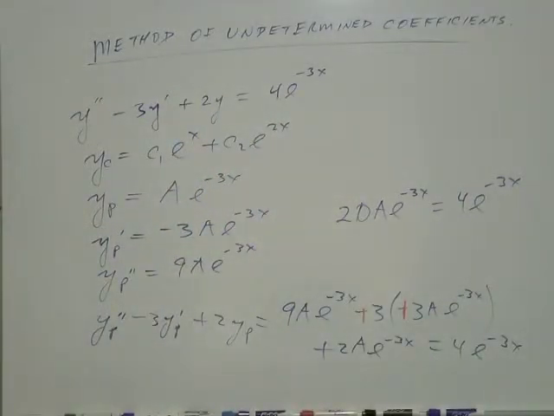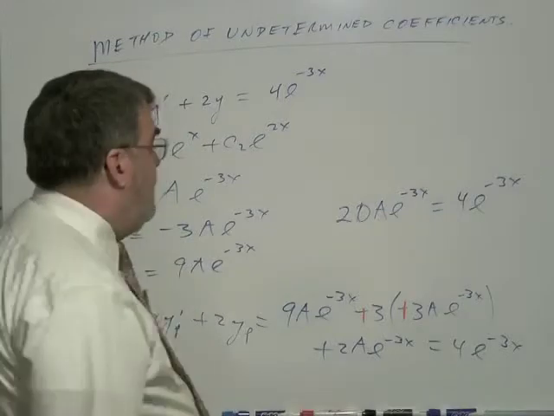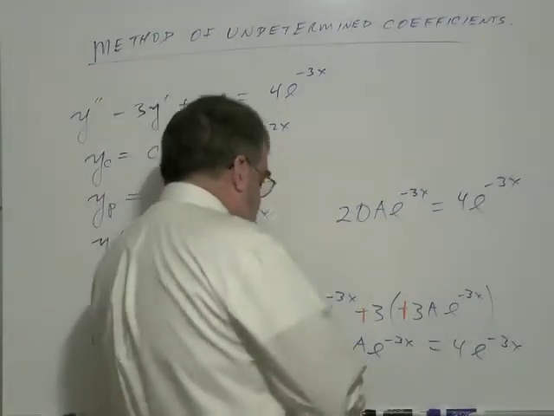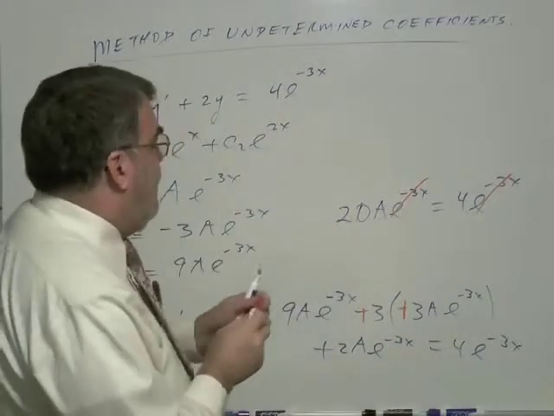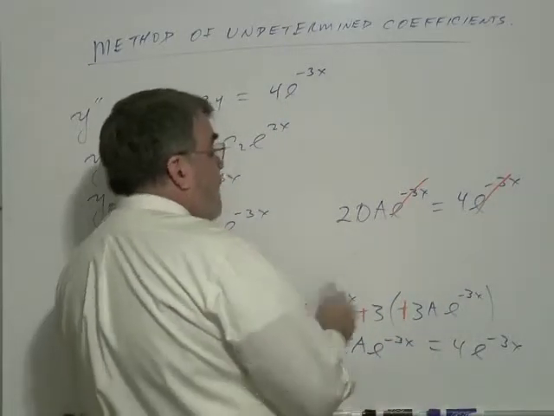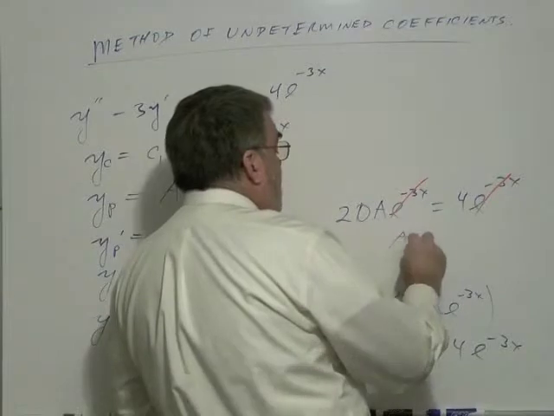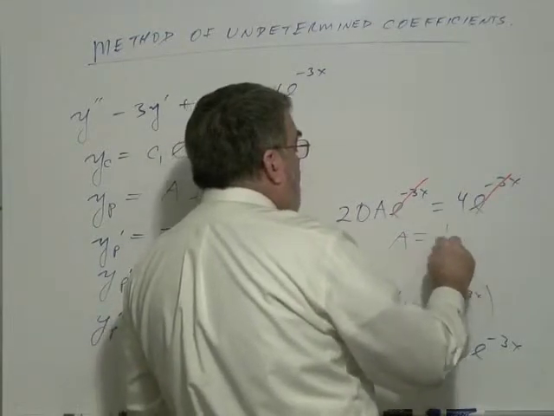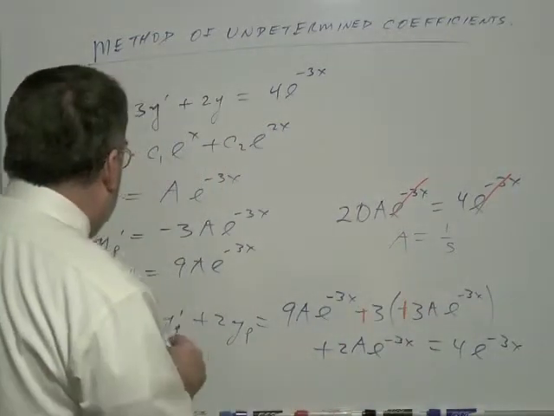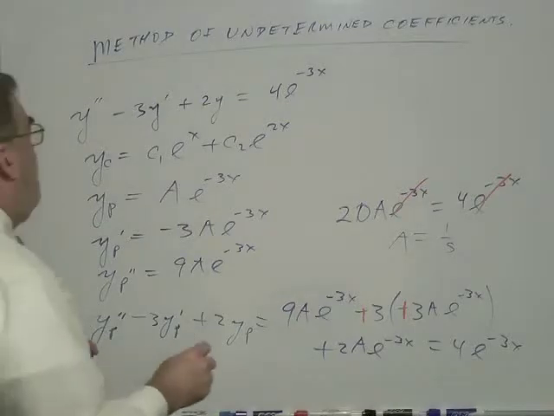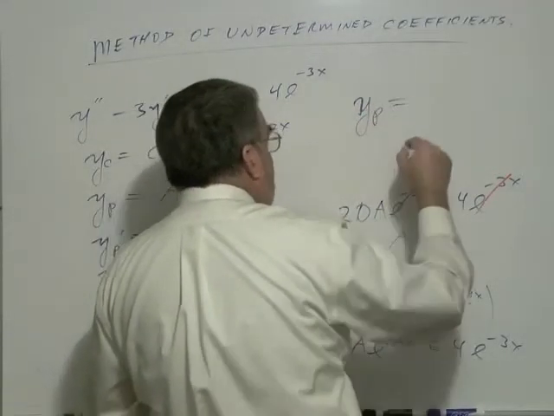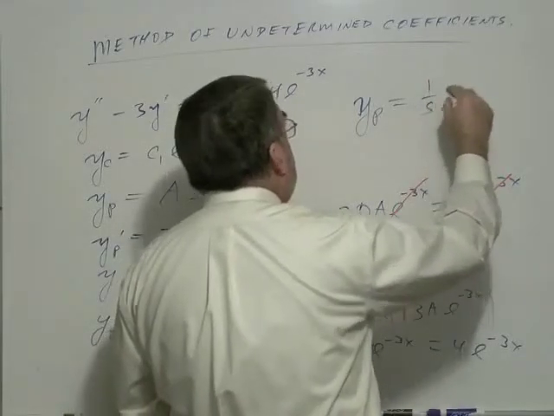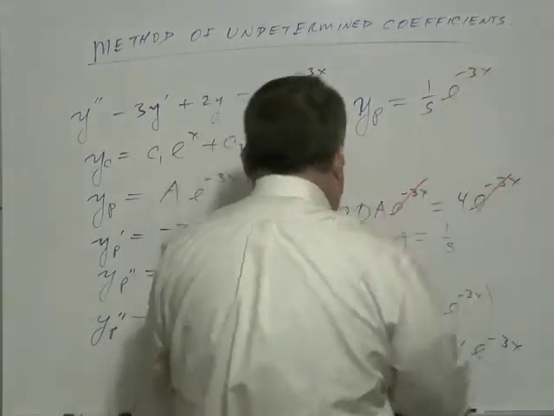When you solve for a, it's going to be 1/5. Is that obvious? You can cancel e^(-3x) by division, and 20a equals 4, so a would be 4 over 20, or 1/5. So that allows me to write the actual solved particular solution as 1/5 e^(-3x).